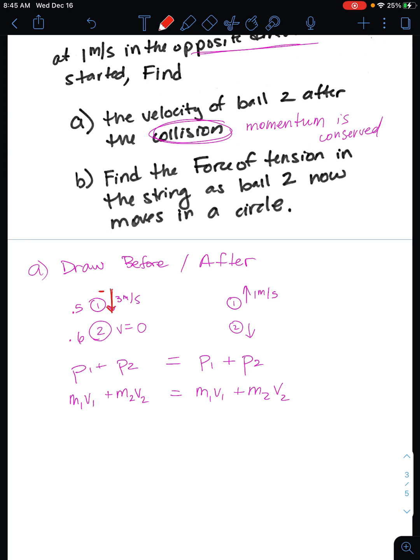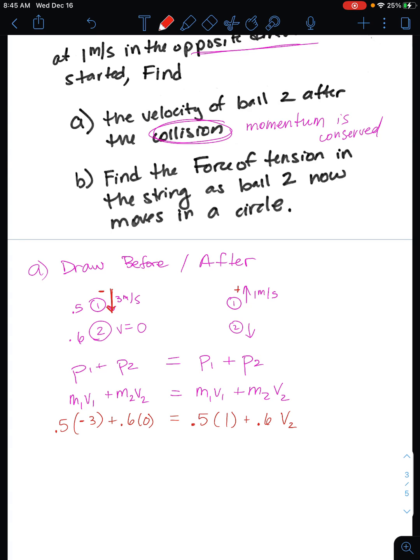So I'm going to plug this in as negative 3 meters per second here times my 0.5, plus 0.6 times 0 equals, now after the collision, this 0.5 kilogram ball is moving upwards in the positive direction. So I'm going to put a positive 1 here, plus 0.6 kilograms still, but I don't know the second velocity. That's really what I'm trying to solve for.